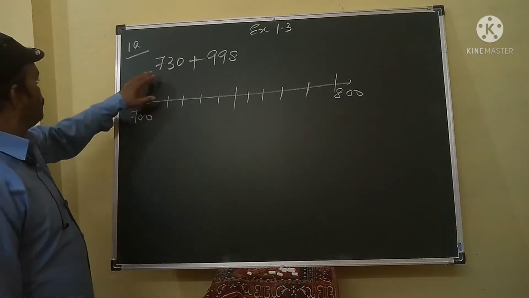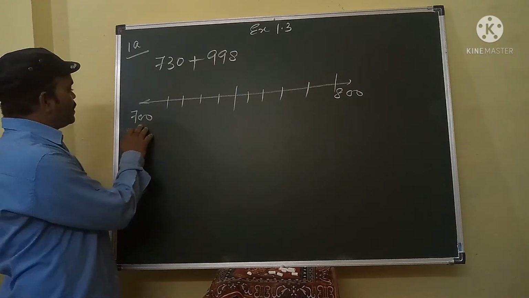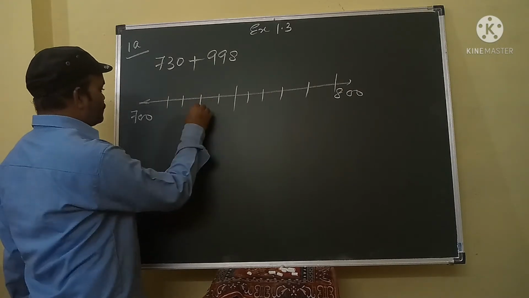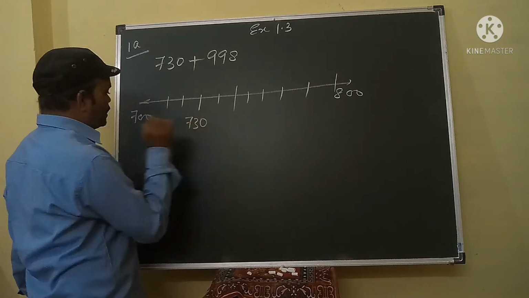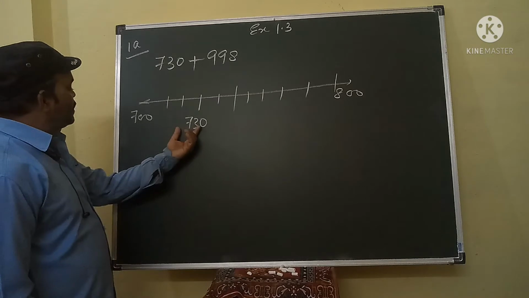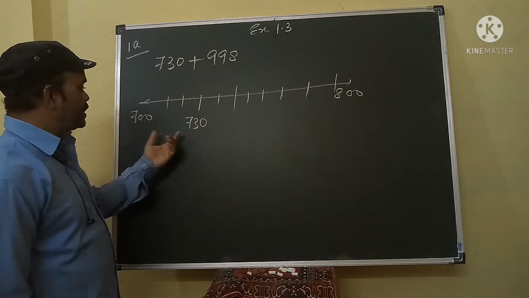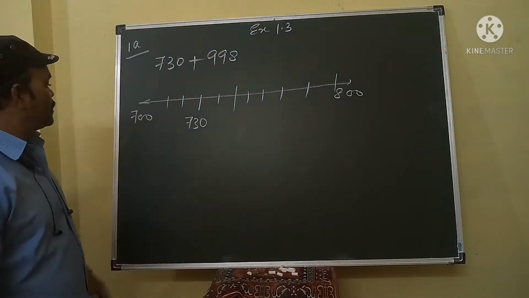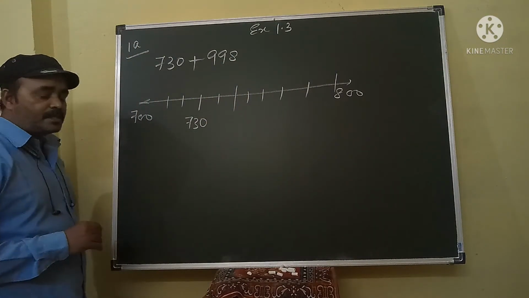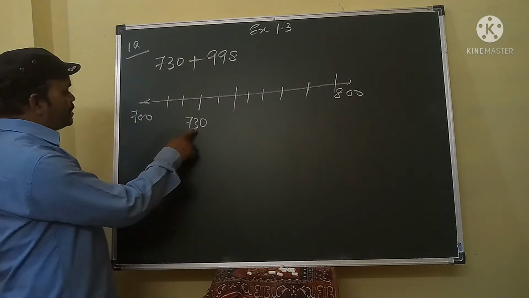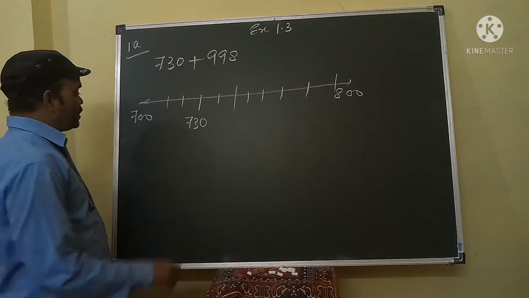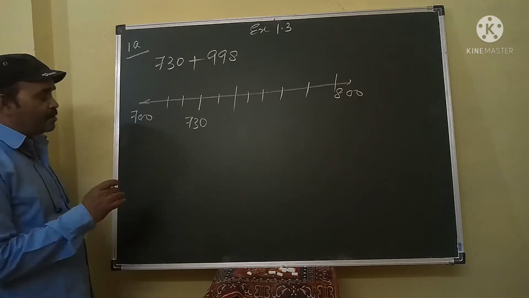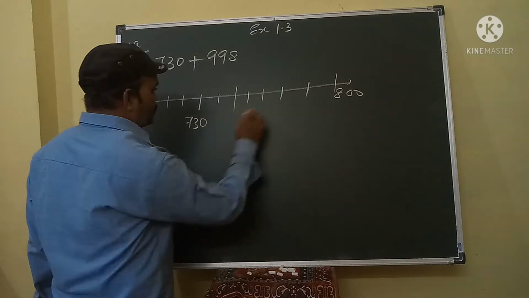So 730: this is 700, 710, 720, 730. I have one question. 730 is nearest to which number? Is 730 nearest to 700 or nearest to 800?